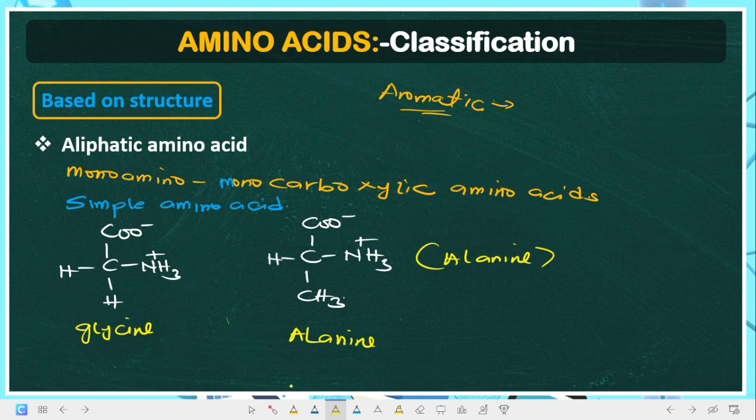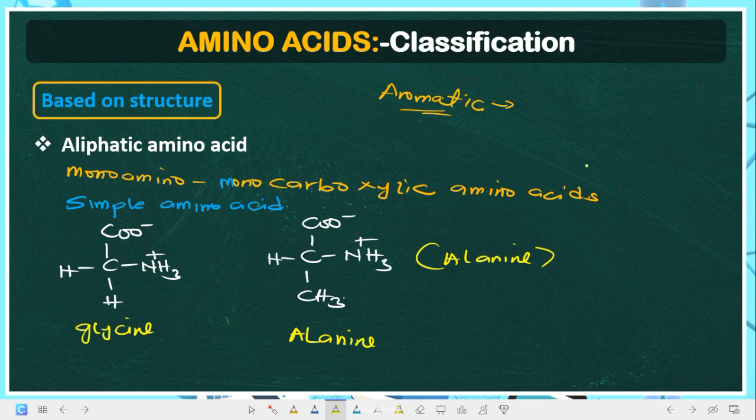alanine. Now, in most cases, some people may be confused. In some textbooks, you see the arrangement of the carboxyl functional group and the amino functional group is not always in this position. Any position is correct.